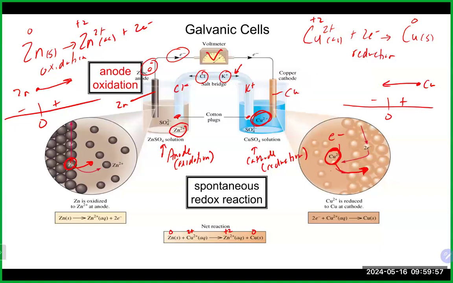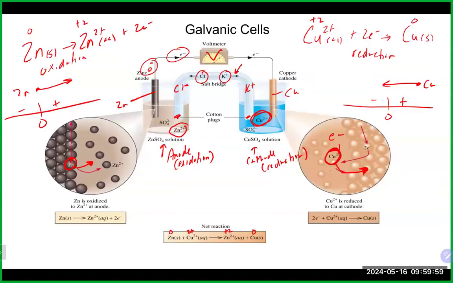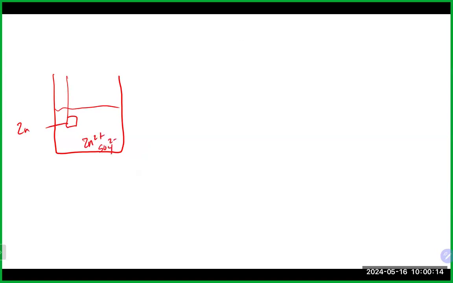Well, let's just redraw it here. We have zinc and copper. So we have this cell, and on this side we've got some zinc, and we have some zinc solution there. I think they use sulfate flowing around, connected, no voltage.